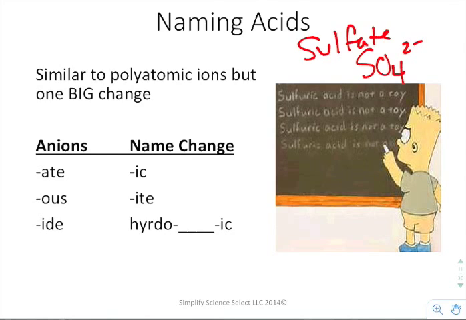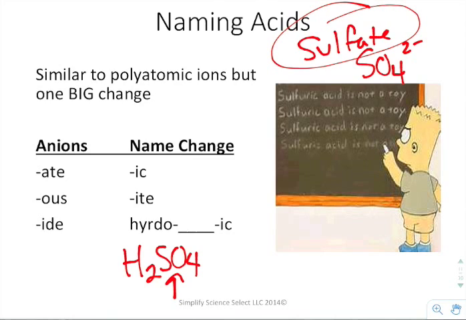Well, if you were to name this particular acid right here, which is H2SO4, you name it based on the anion. So that anion is sulfate. So I come down here to this chart and it says ate. Whenever you have an anion that's an ate, it makes the acid an ic. So instead of sulfate, it becomes sulfuric acid.